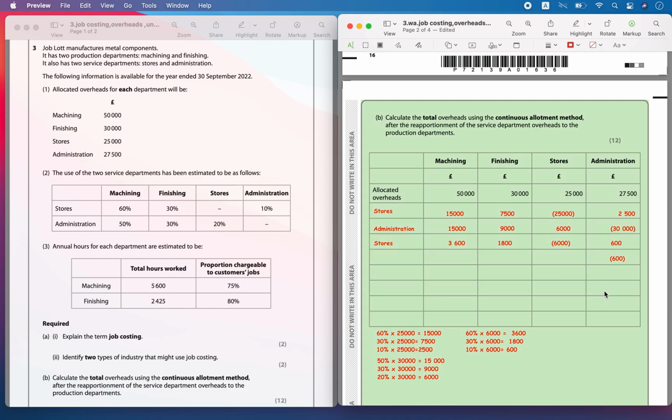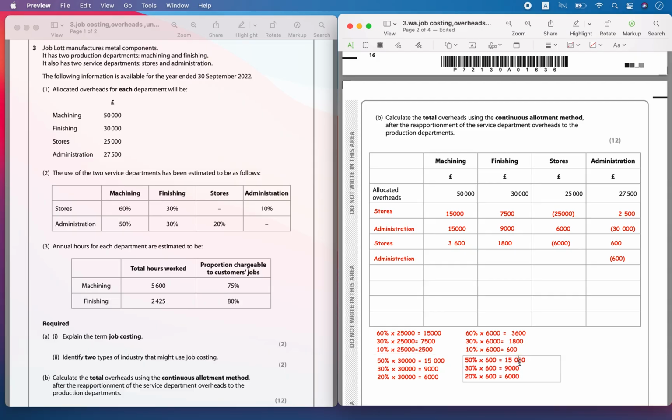Second value. So then again we have to distribute administration costs of 600 in the ratio of 50, 30 and 20 to each department. So now it will become 600. 50 percentage of 600, 30 percentage of 600 and 20 percentage of 600.